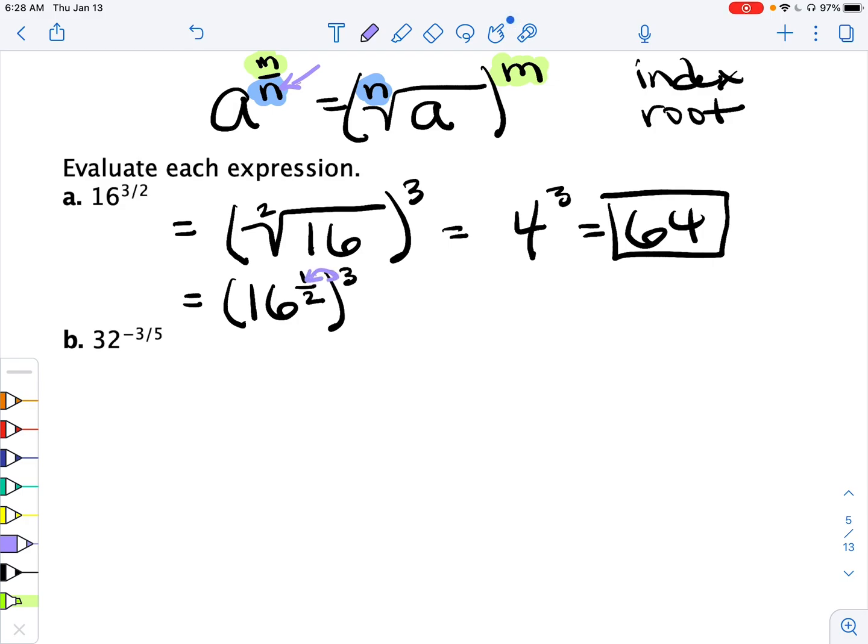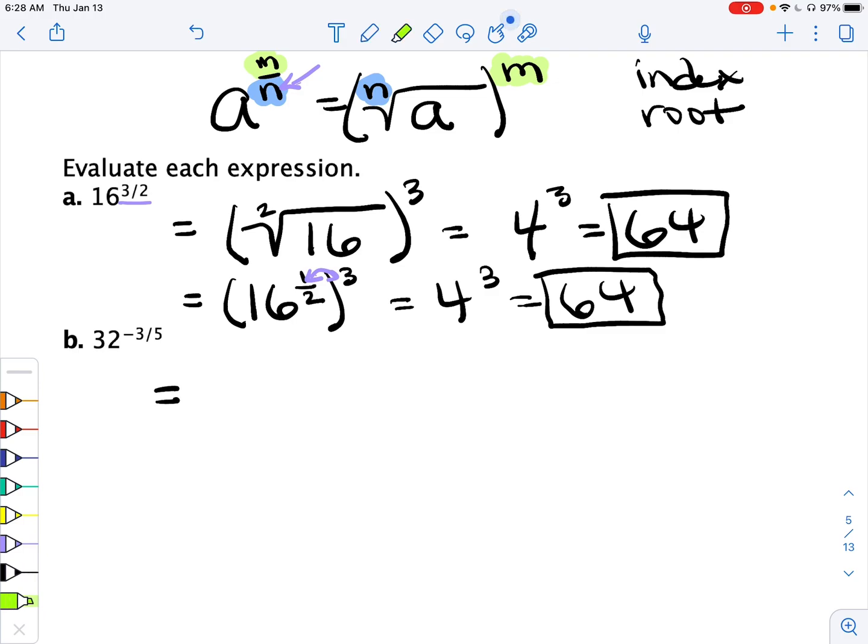So that's the same thing as 16 to the 3/2. Well, 16 to the 1/2, which is the same thing as square root, is equal to 4. 4 to the third power is 64. So there's different ways of seeing it. I want you to get used to the different ways of seeing it.